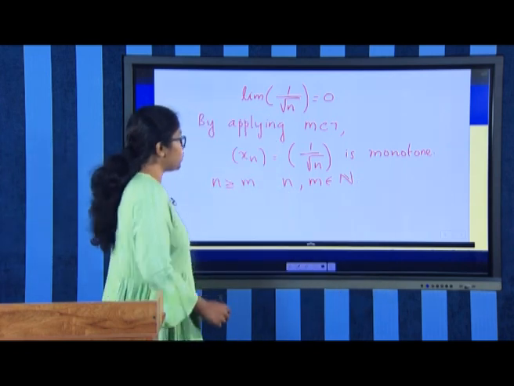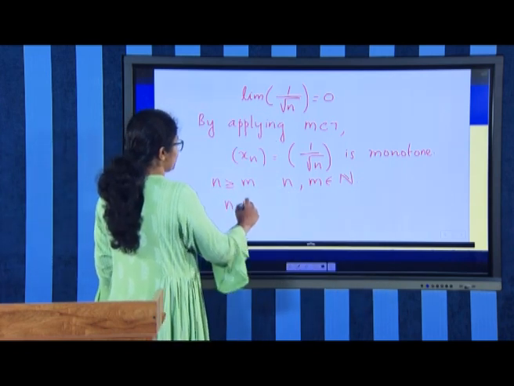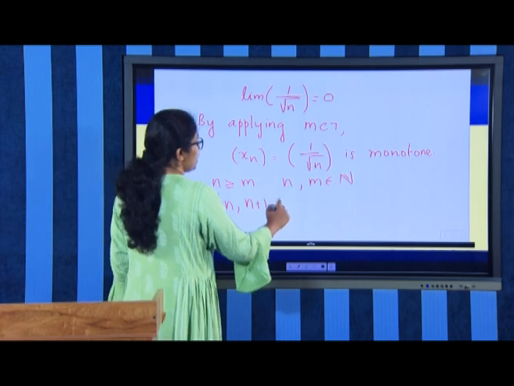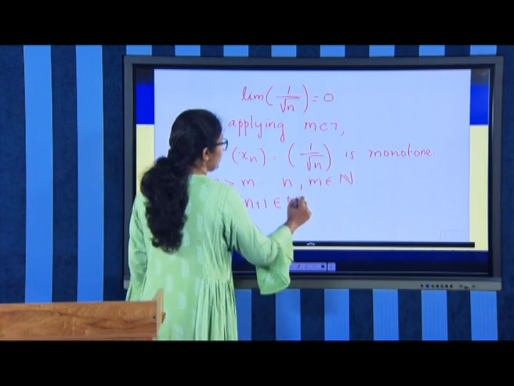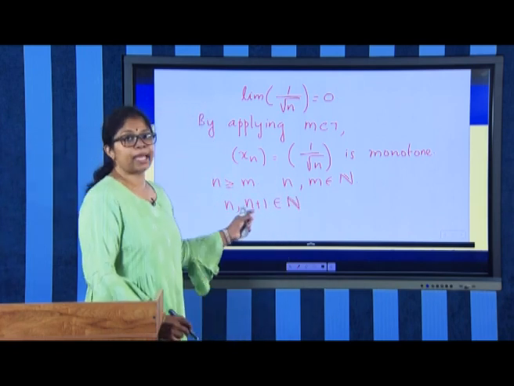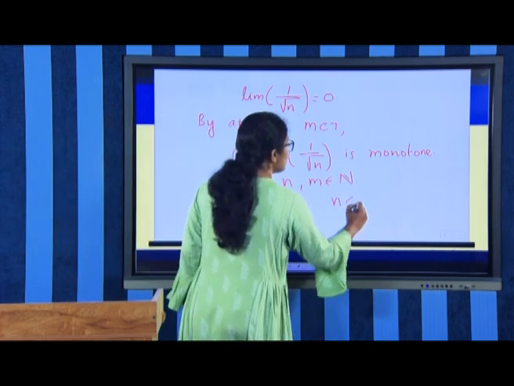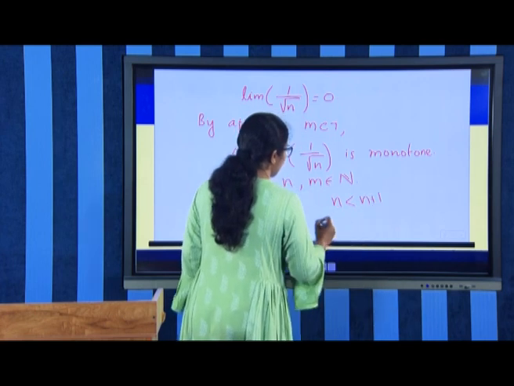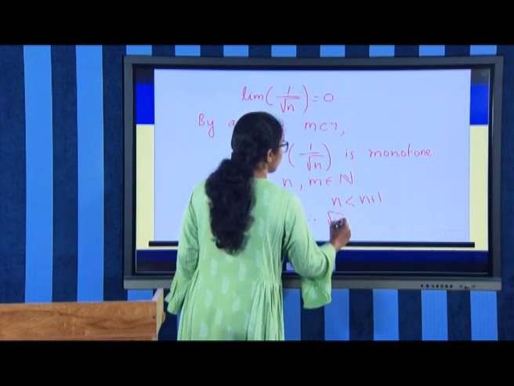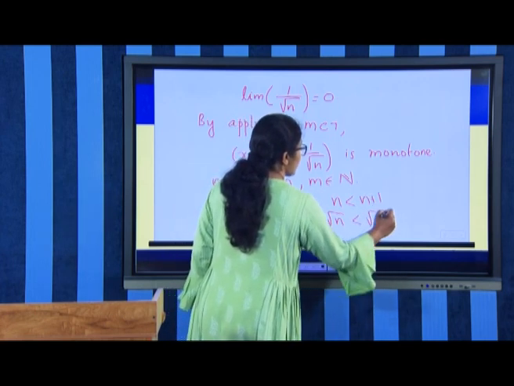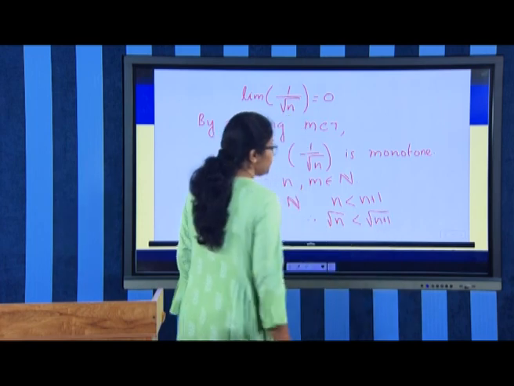So, for example, we can take n and n plus 1, so that it is easy for us to understand. Suppose you take n and n plus 1 belonging to the natural numbers. We know n is less than n plus 1. Therefore, square root of n is less than square root of n plus 1.